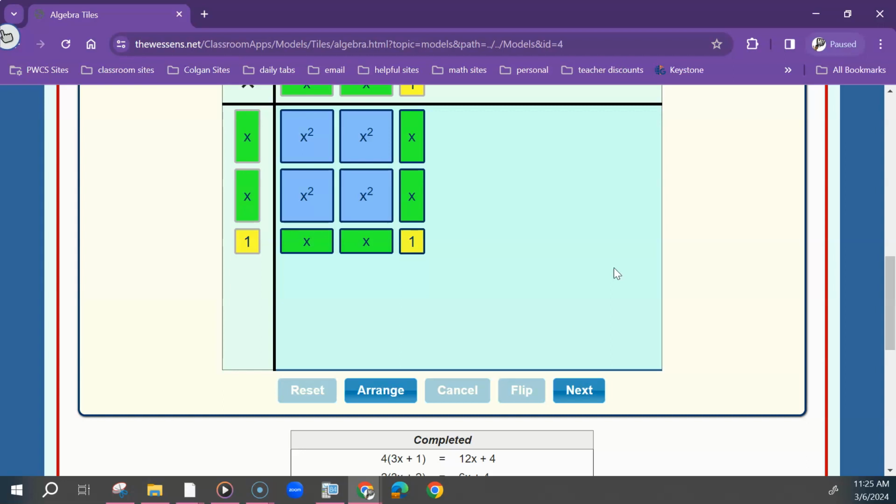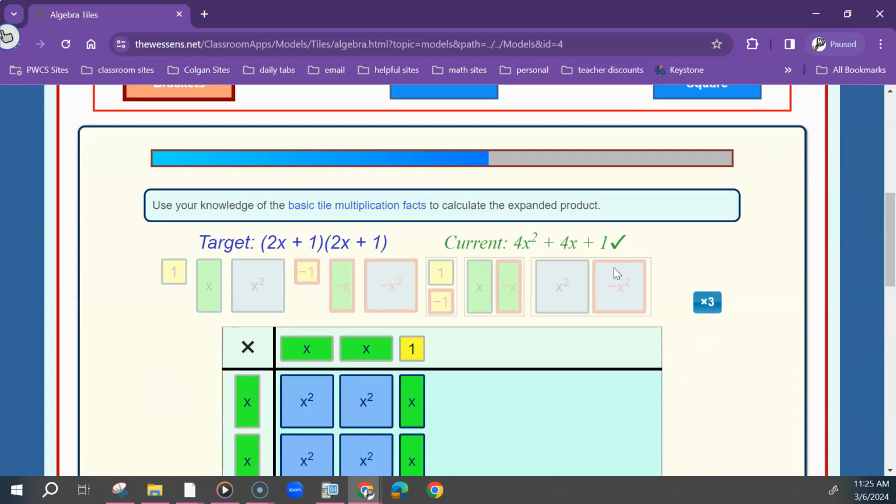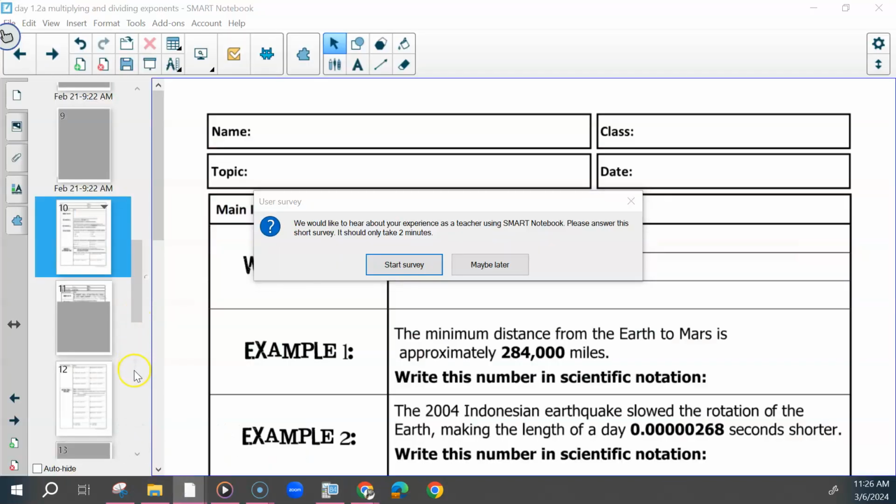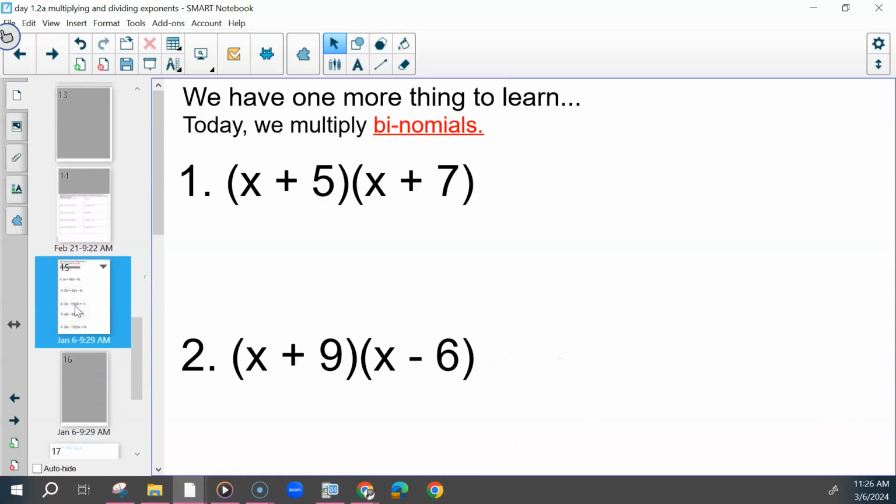But if you would like to multiply your binomials together with algebra tiles, you're welcome to do that. While you're practicing, again, if you want algebra tiles, I can go get those for you.